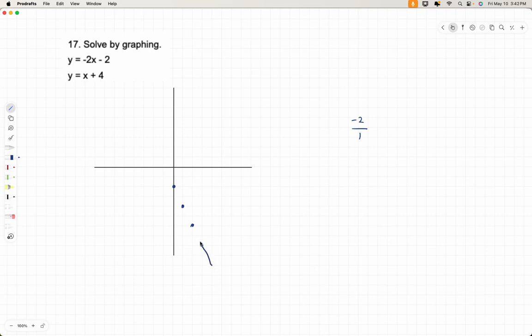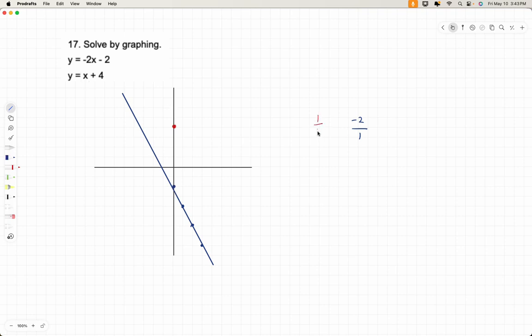So I can draw my line with that slope. There we go. That looks pretty close. Now I'm going to do my other line. Let's do it in red. So x plus 4, so positive 4: 1, 2, 3, 4. And it's 1x, the invisible 1.